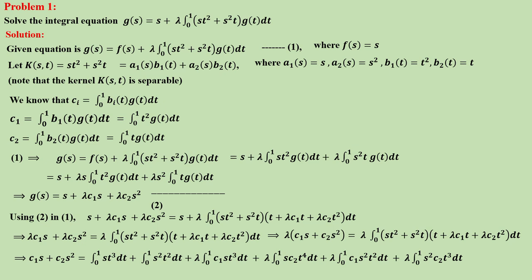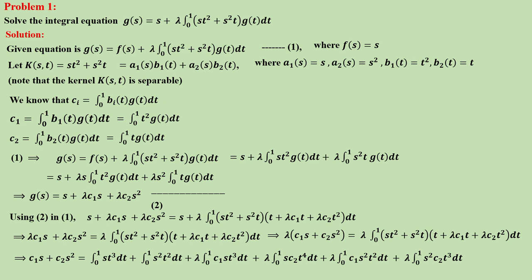Plus lambda into the integral 0 to 1 of s c2: s t square into lambda c2 t square, so you will get s c2 t power 4 dt, plus lambda into integral 0 to 1.